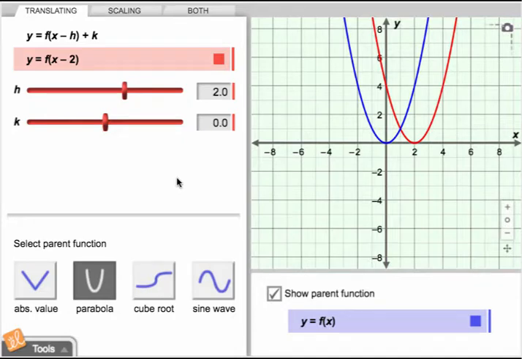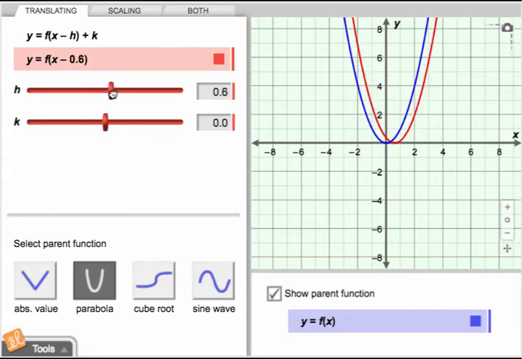So we just saw what happens when my parabola gets translated 2 units to the right. My h value is positive 2, and in the equation you will see it as minus 2. Now we're going to explore what happens when I move the function to the left.